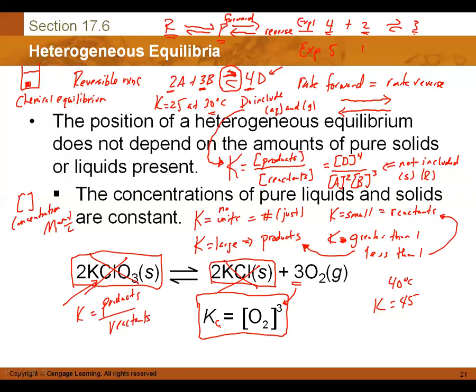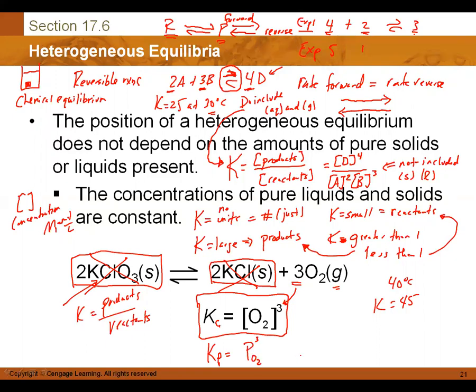Any questions on how to write that equilibrium expression? So remember, anything that's a solid or liquid, we do not include in the expression. That leaves you pretty much with gases and aqueous. And I think we might have touched upon as well, since the only thing here that's really a gas is O2, we could write what's known as Kp for it, which would be the pressure of O2 cubed.